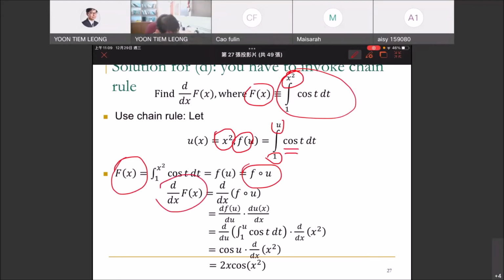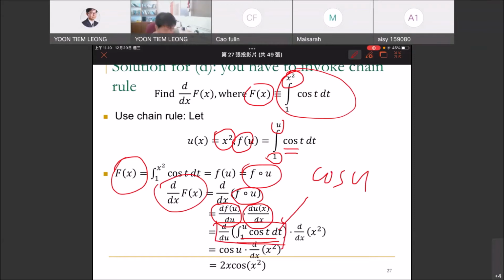Then you apply the chain rule, which says that d/dx of f composed with u is just df/du times du/dx. Then d/du of f(u) is just d/du of the integral from 1 to u of cos t, right? This result is simply equal to cos u according to the fundamental theorem of calculus part 1.